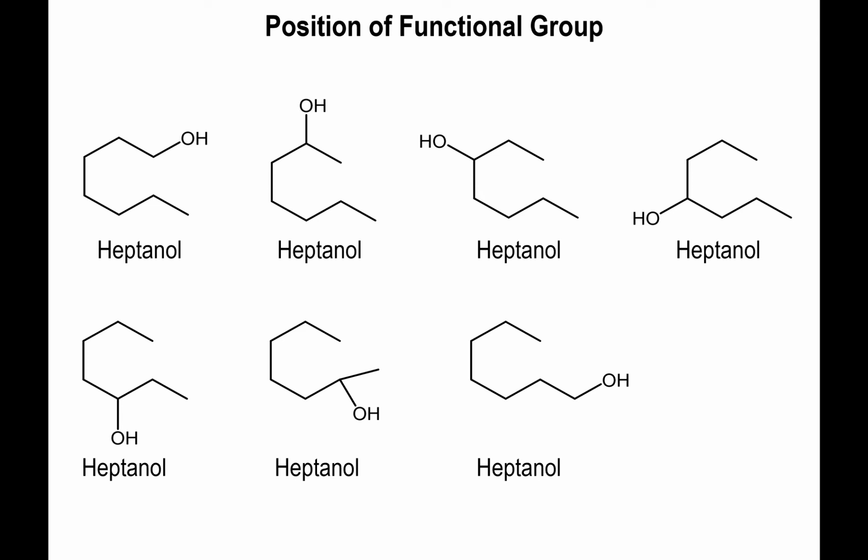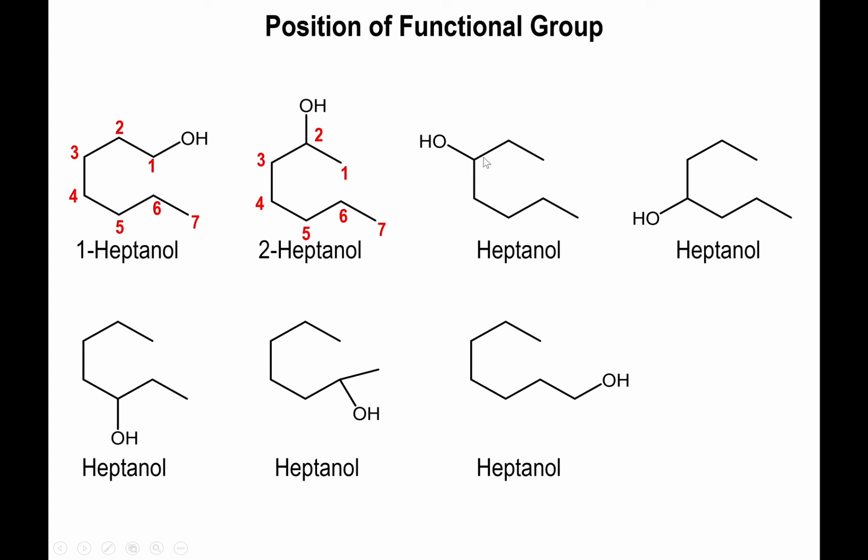And technically speaking, what you do is you count from one end of the carbon chain to the other end, right? So you go from 1 to 2 all the way up to 7. And when you do this, you say, oh, well, the hydroxyl is in position 1, so this is actually 1-heptanol. Whereas right here, the hydroxyl is on the second carbon. So this will be 2-heptanol.